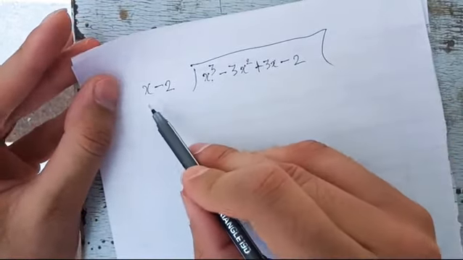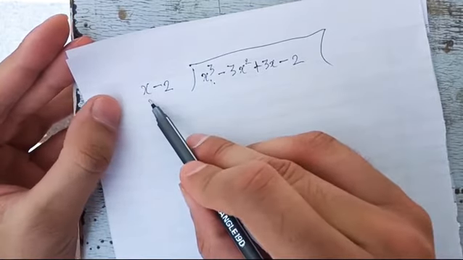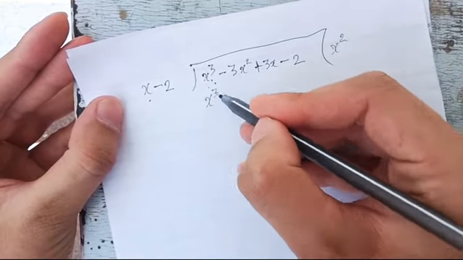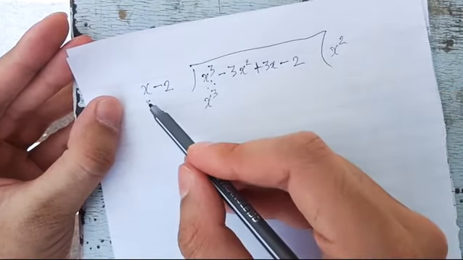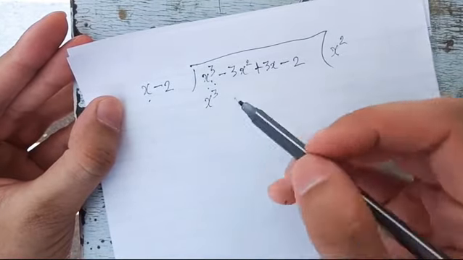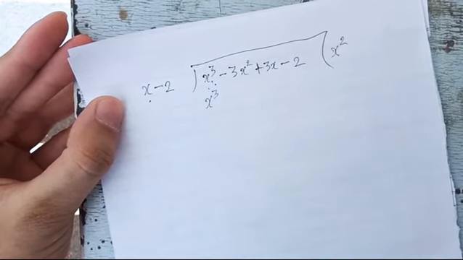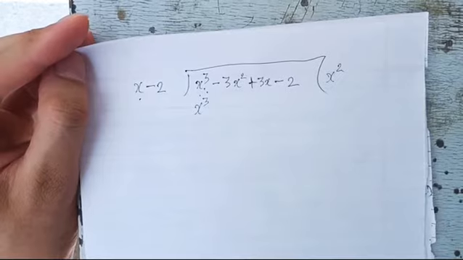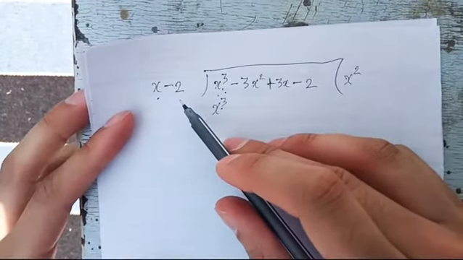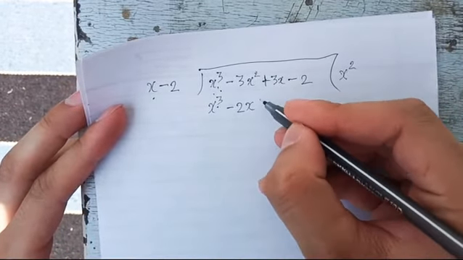Now see, x cube is there, here x, and from x we need x cube, that means x should be multiplied with x square to obtain x cube. So x square multiplied with x, we get x cube, and x square multiplied with minus 2, I will write here minus 2x square.